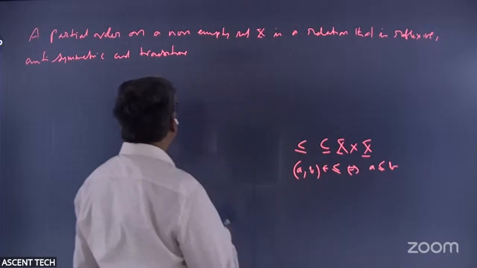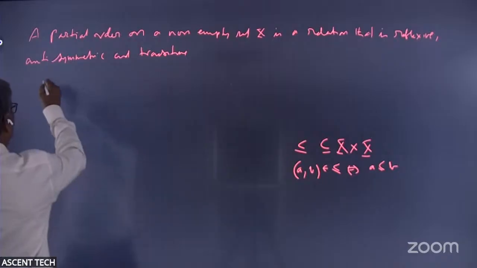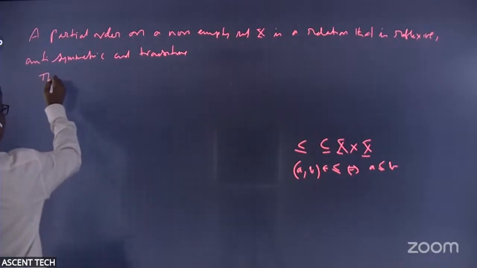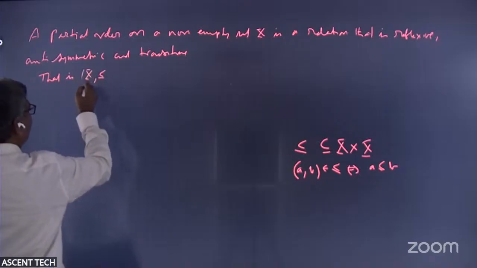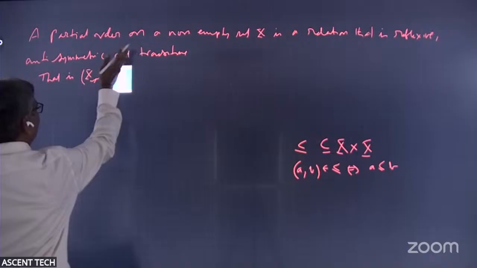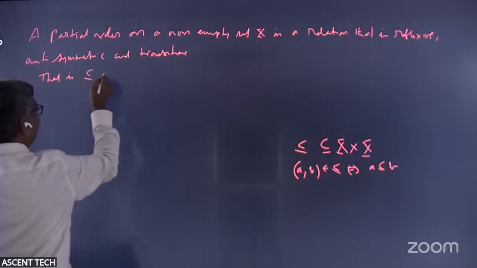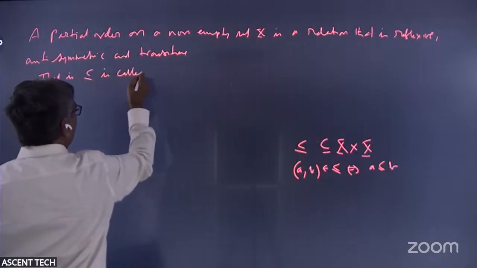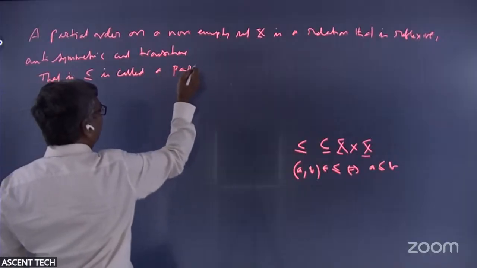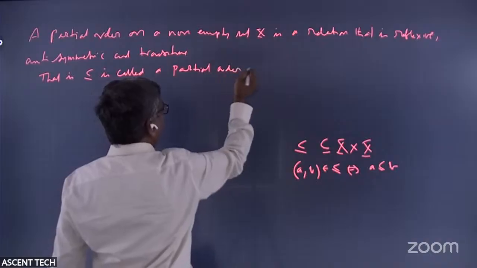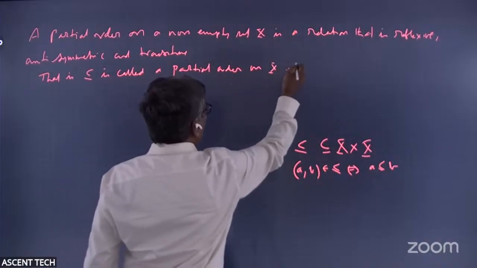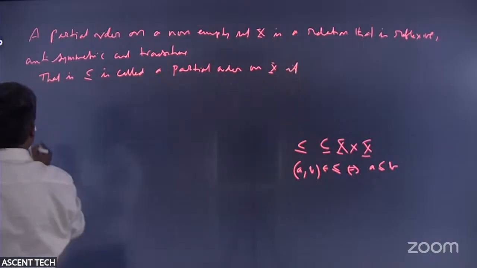Okay, so basically, what does it mean? X with less than or equal to is called a partial order on X if I have the following.